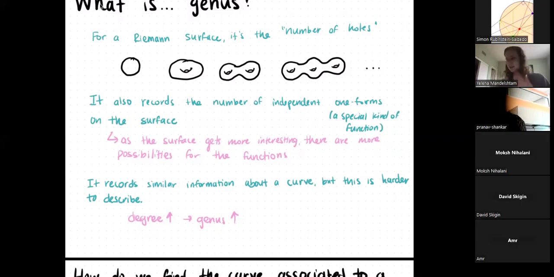The degree is a measure of how complicated your curve is. Generally, as your degree goes up, your curve gets more curvy and is doing more things, and your genus goes up as well. In some cases, there are even formulas that describe this relationship. You can read about the degree genus formula if you're curious about it.